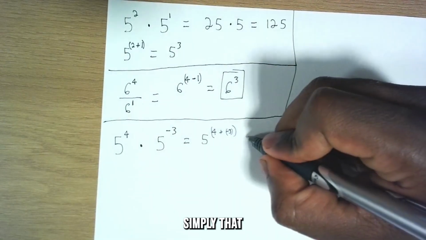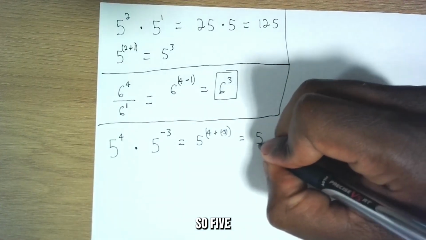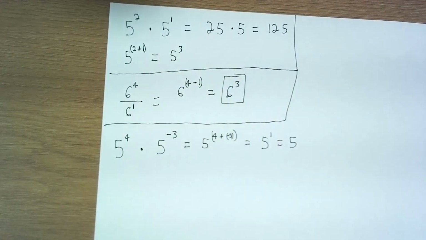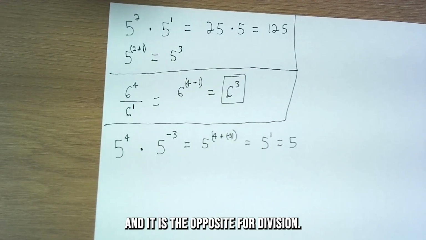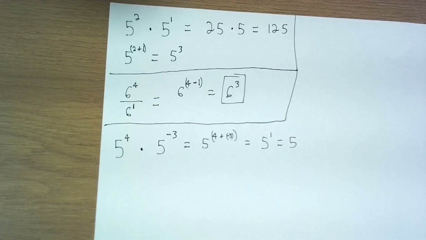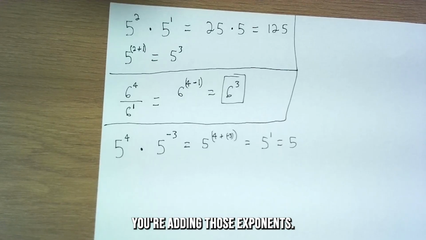Simply that. You're basically subtracting again. So 5 to the first power, and it's 5. Right? And it is the opposite for division. If you are dividing these exponents with the same base, and then you're just flipping the script. You're subtracting a negative number, you're adding those exponents.